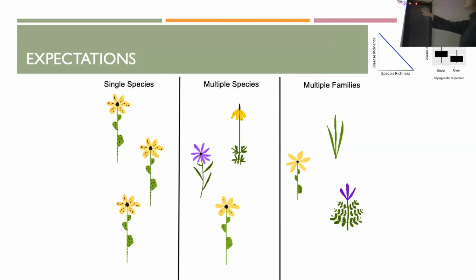And then over here, you are seeing as phylogenetic dispersion is taking place, the disease is decreasing. So the underdispersed is plots with species all from the same family versus the overdispersed showing multiple species from multiple families, and it has the lower disease.